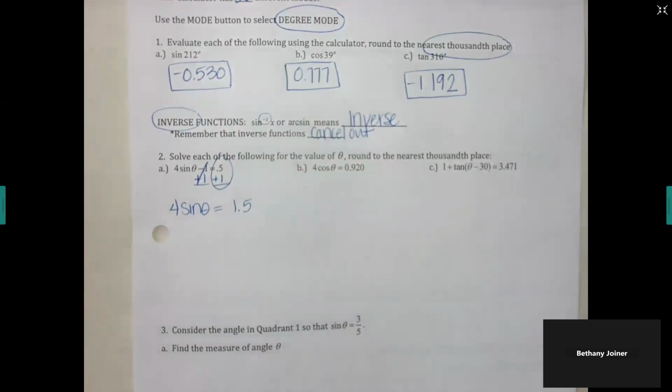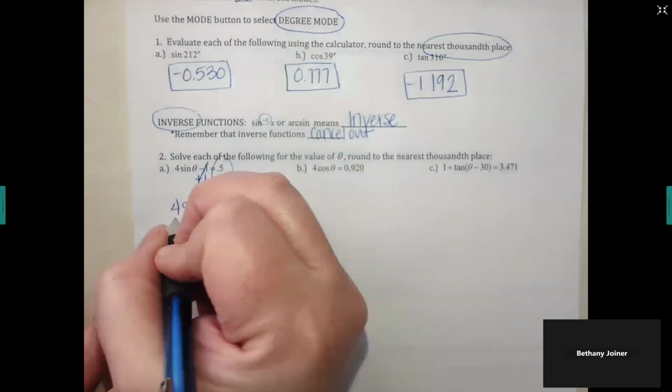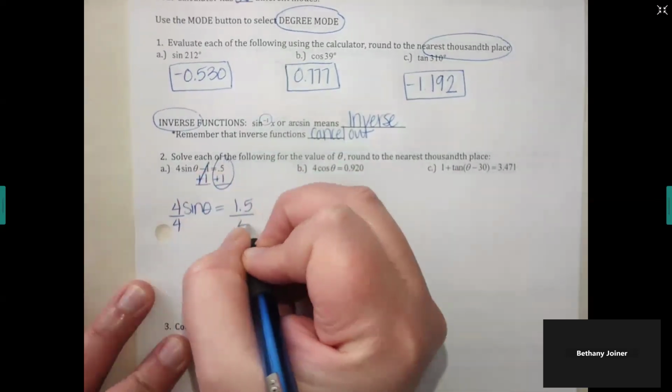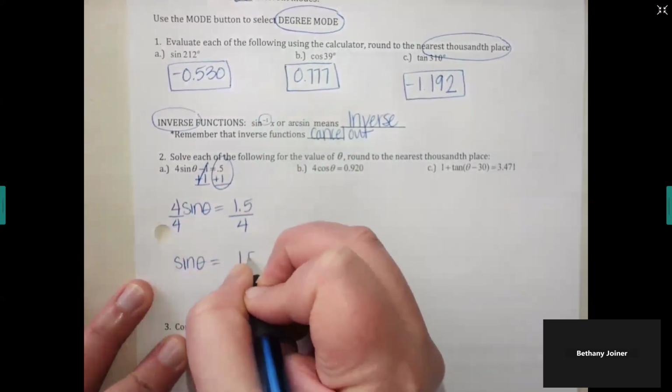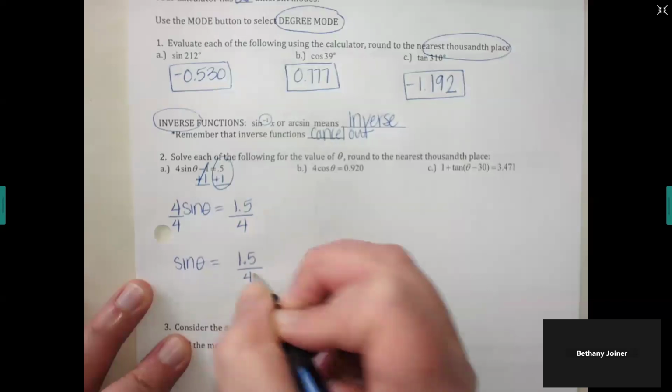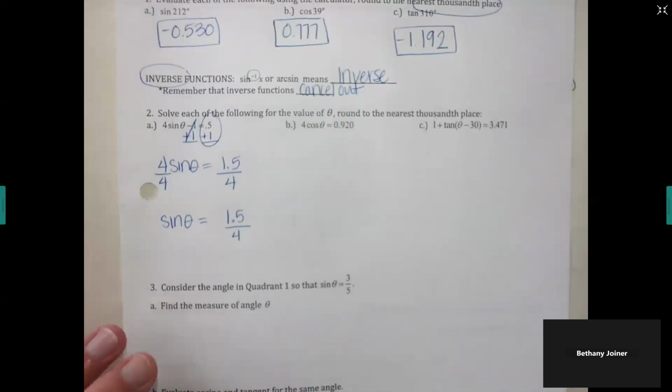Now it's time to get rid of the 4. Notice that the 4 is in front of the sine, it's multiplied. So how do we undo times 4? Divide by 4. And for your 1.5 over 4, I'm not actually going to divide it. I'm just going to leave it as a fraction. From here, this is the new thing.